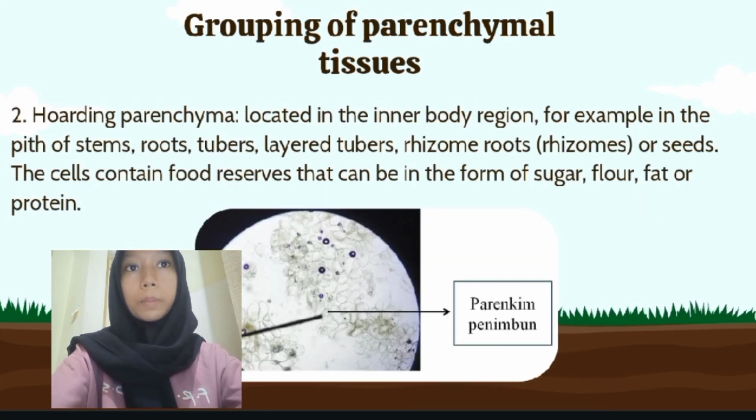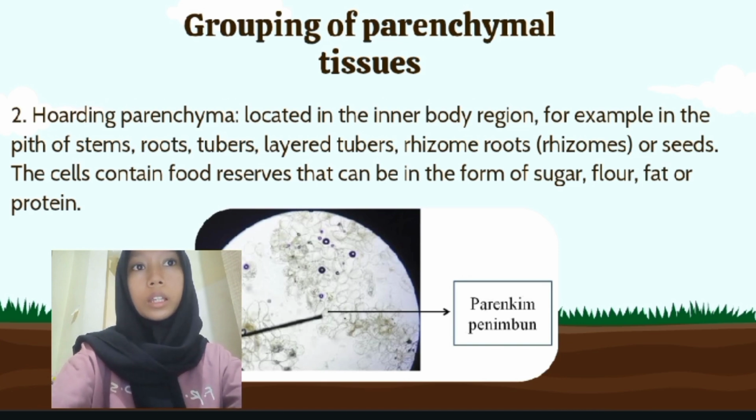Second, storage parenchyma, located in the inner body region, for example in the pith of stem, roots, tubers, rhizomes, or seeds. The cells contain food reserves that can be in the form of sugar, starch, fat, or protein.